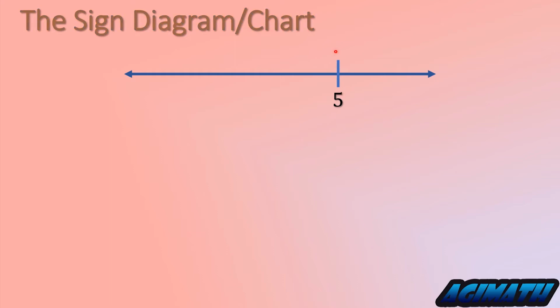And then notice that I'm using a bold line, not a dashed line, because the inequality that we have earlier is less than or equal to. As long as you have that or equal to, you use a bold line, meaning in our interval, 5 is included.